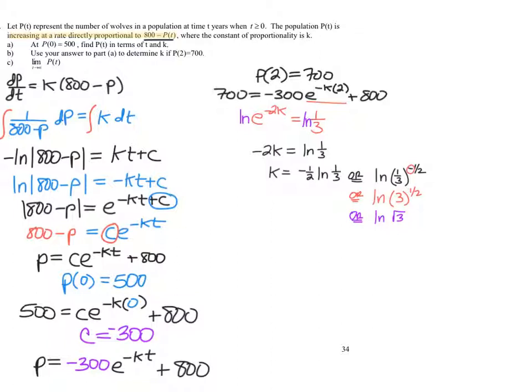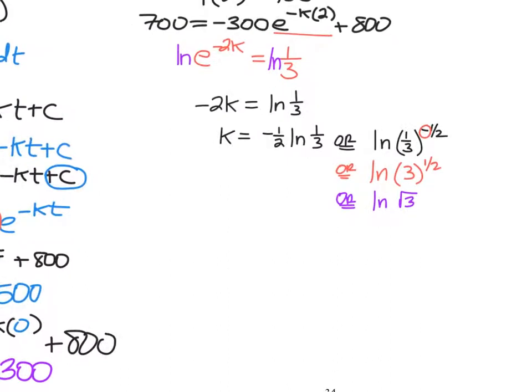So, we could take a look at the different possibilities here. So again, p is equal to negative 300 e to the negative kt plus 800. We now know what k is equal to. What I want to do is choose the most advantageous thing to plug in.